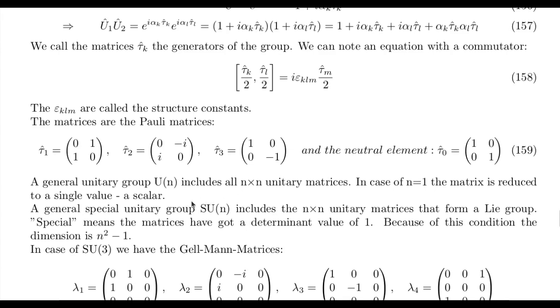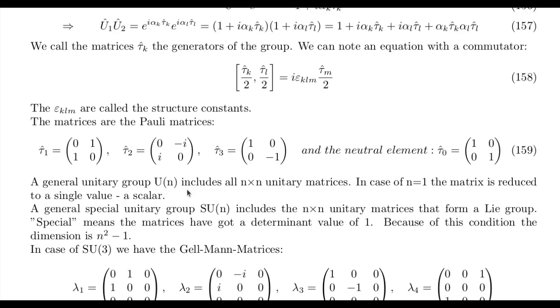A general unitary group, UN, includes all n times n unitary matrices. If n is 1, then the matrix is reduced to a scalar, a single value, which we have seen in U1. Then a special unitary group includes all n times n unitary matrices, and those form a Lie group.